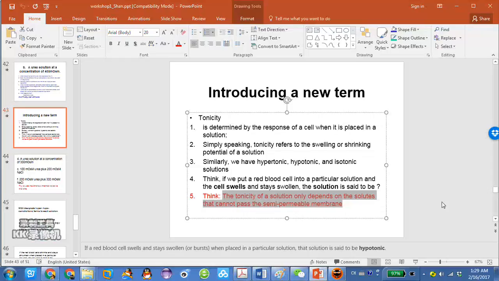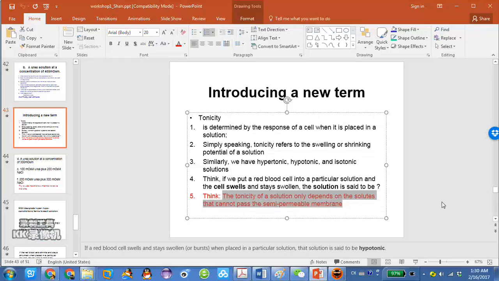Okay, I'll say the statement is true, because the solutes that are freely passing through the cell membrane, that are very permeable to the cell membrane, will eventually have the same concentration both inside and outside of the cell.